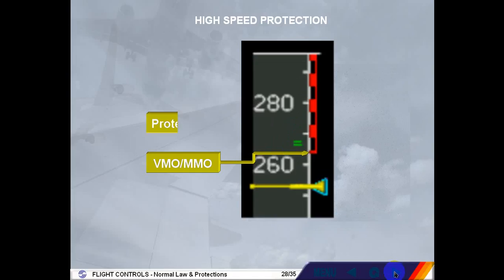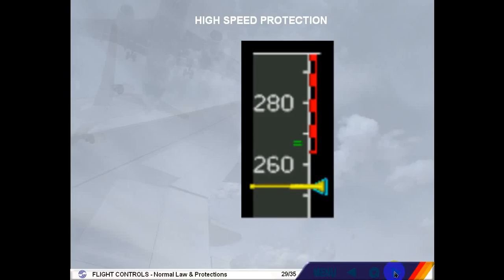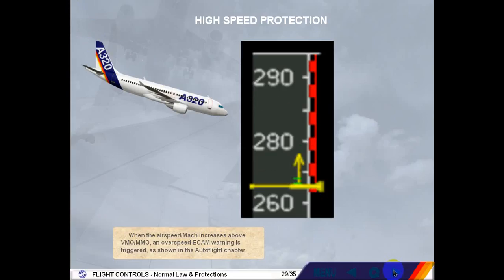Green dashes indicate the speed at which the protection is activated. When the airspeed or Mach increases above VMO-MMO, an overspeed ECAM warning is triggered, as shown in the autoflight chapter.